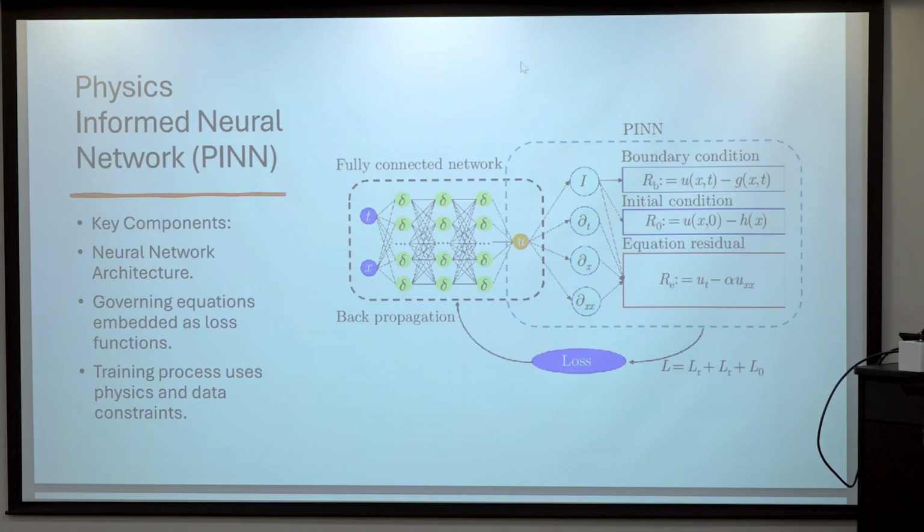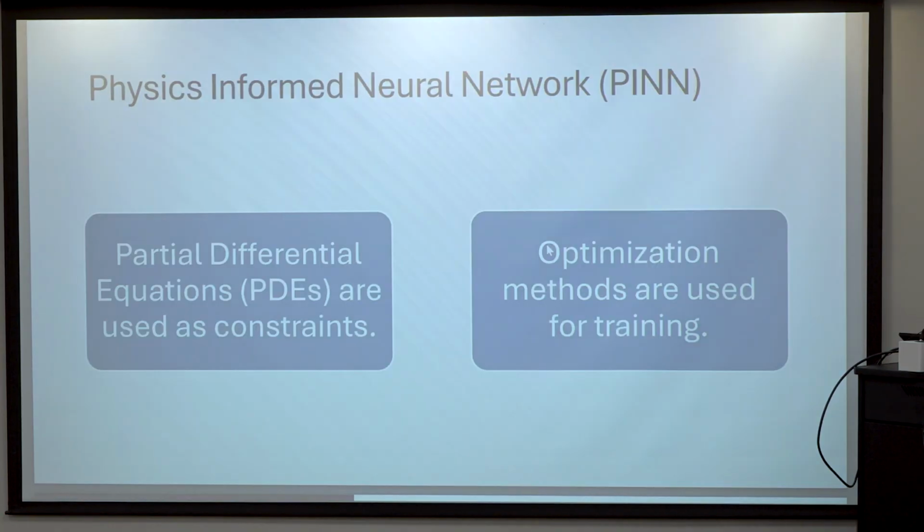If the output is not aligning with the physics, then it is adding to the loss. So that's how we are actually optimizing this, and then we will get the output. So here the PDEs can be used, and also the optimization methods like optimizing the loss.